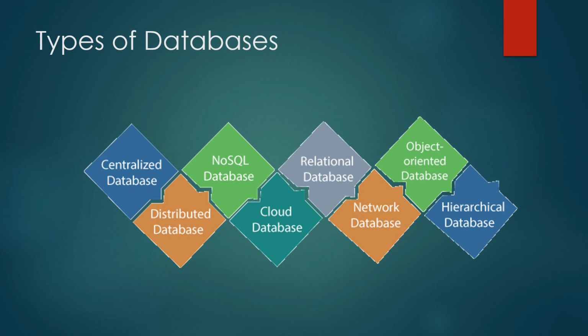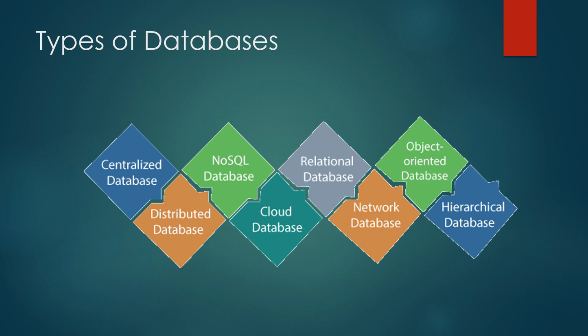Then there are relational databases, which commonly use Structured Query Language, or SQL, for operations like creating, reading, updating, or deleting data. We call those CRUD operations. MySQL, Microsoft SQL Server, and Oracle are a few examples of relational databases.